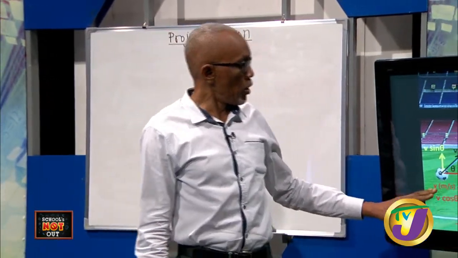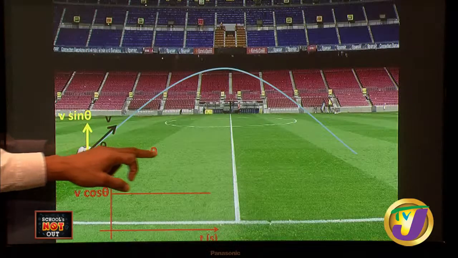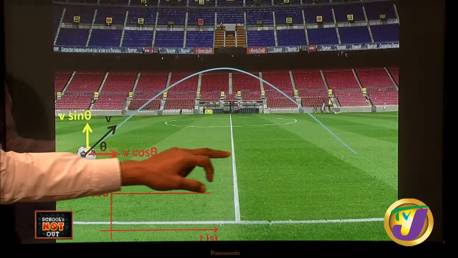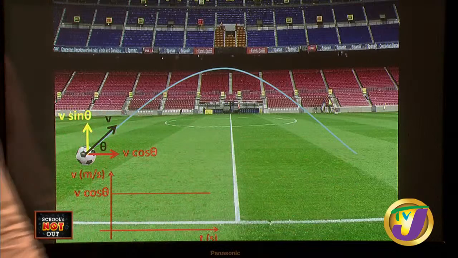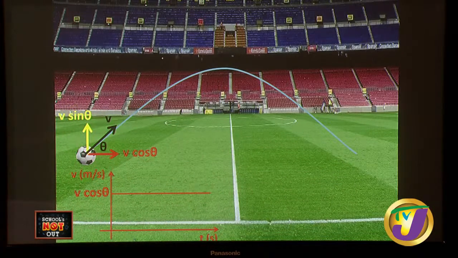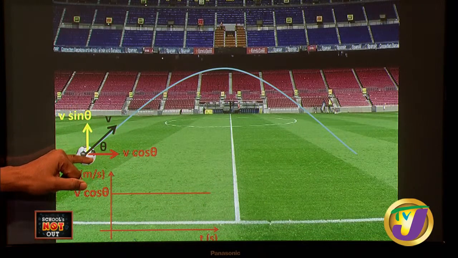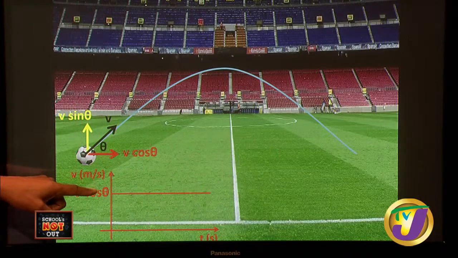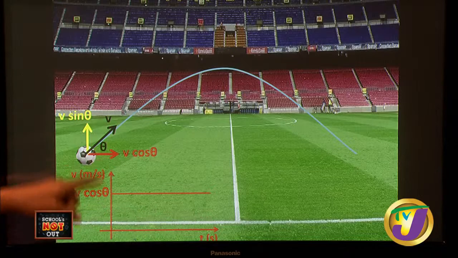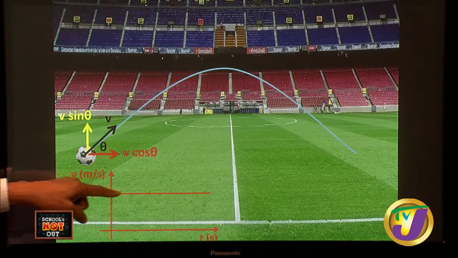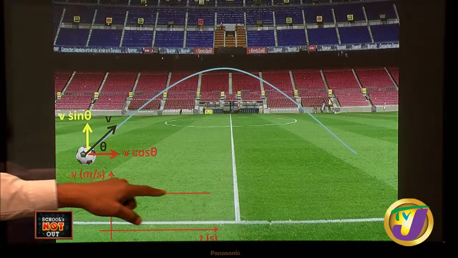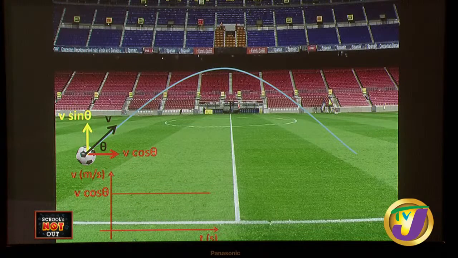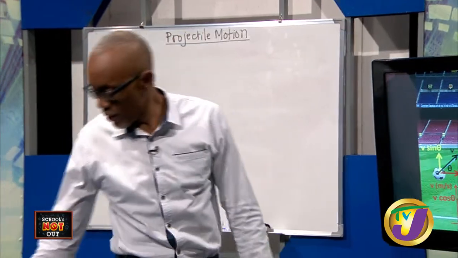So let's look at the graph. Remember, this red, the motion along the ground, is uniform. And so if it leaves with the horizontal component v cos theta, in this graph, which is for the horizontal motion, the magnitude of the velocity would be v cos theta, that constant magnitude along the ground.